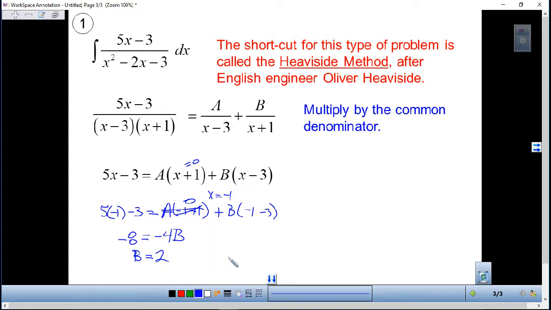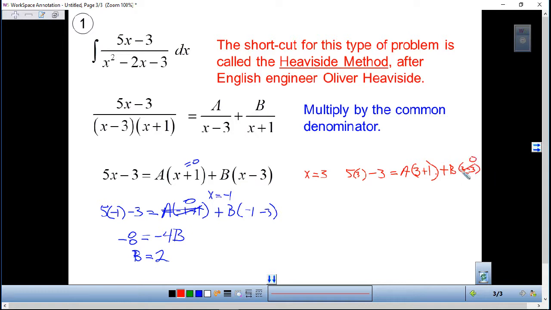All right, so if we wanted to find what a is, we're just going to let x equal 3. And when we plug everything in, 5 times 3 minus 3 is equal to a times 3 plus 1, and then plus b times 3 minus 3.